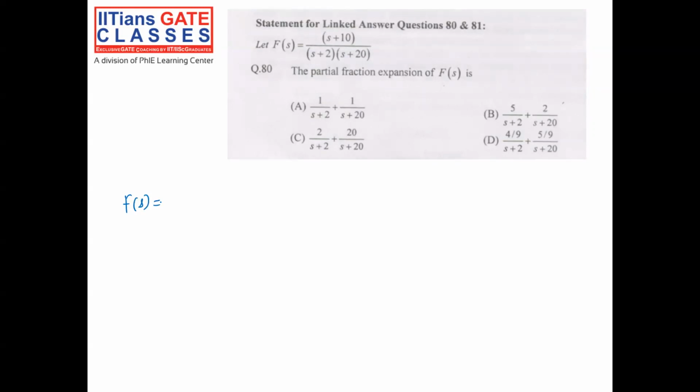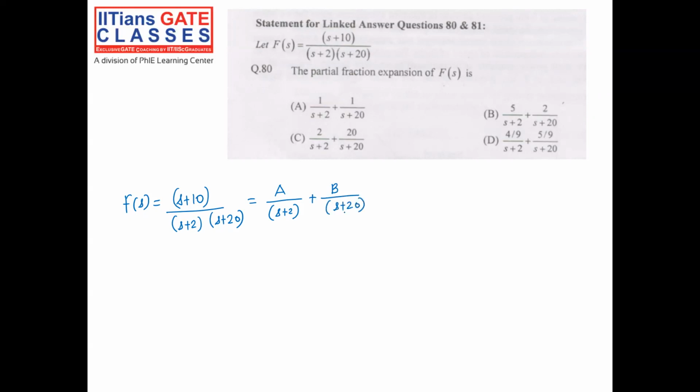Here F of s is equal to (s plus 10) divided by (s plus 2)(s plus 20). The partial fractions of this can be written as A divided by s plus 2 plus B divided by s plus 20.